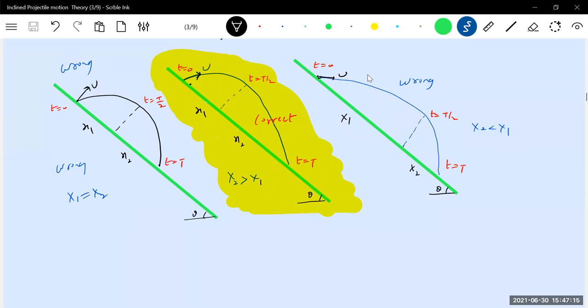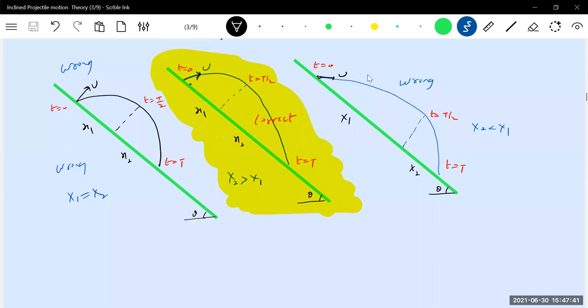Then next, you were asking about perpendicular. In motion perpendicular to the incline, there also it will be uniform accelerated motion. Yes, good observation. Perpendicular to and parallel to the incline, the motion is uniform accelerated, but perpendicular to the incline it is first retardation, then acceleration. Along the incline, only acceleration.